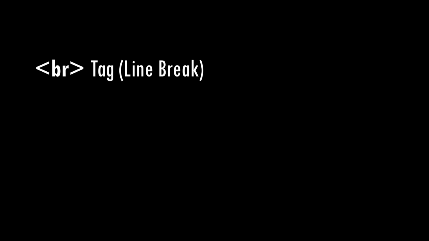BR tag or line break. The BR tag is used to insert a line break, moving the following content to a new line. If you want to separate text on different lines within the same paragraph, you would use the BR tag.